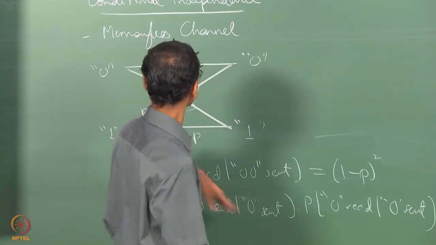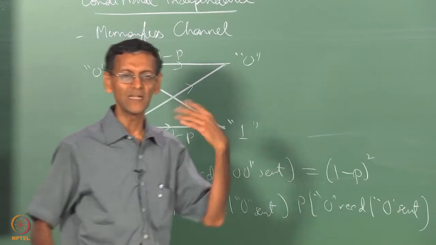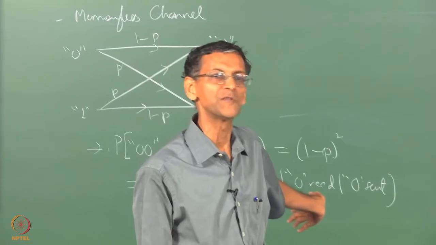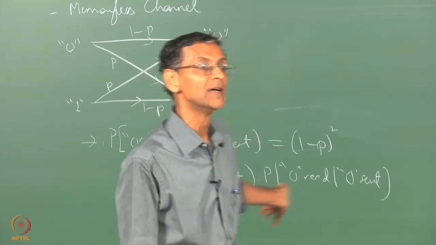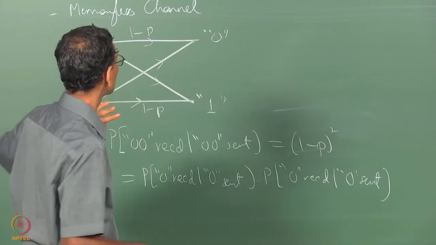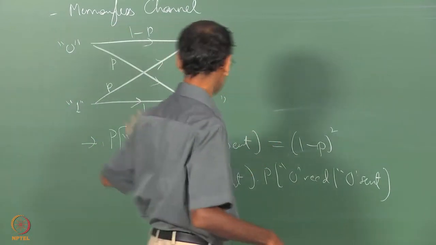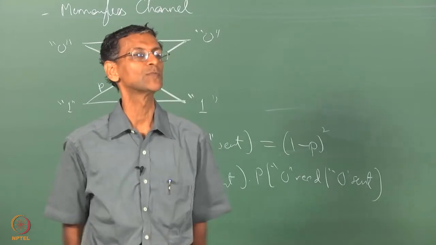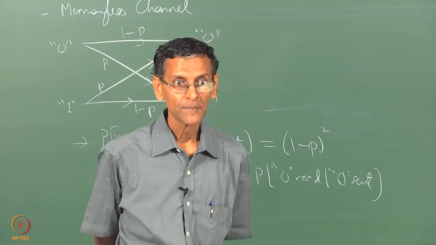But you can say that the bits are independently transmitted by the channel, right? This is a version of conditional independence that we talked about yesterday. However, if you look at the probability of receiving two zeros in succession, those two events will not be independent in general. You see what I mean?